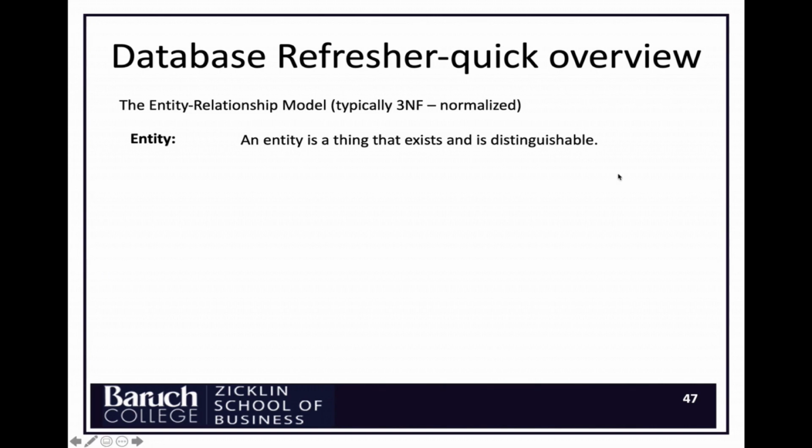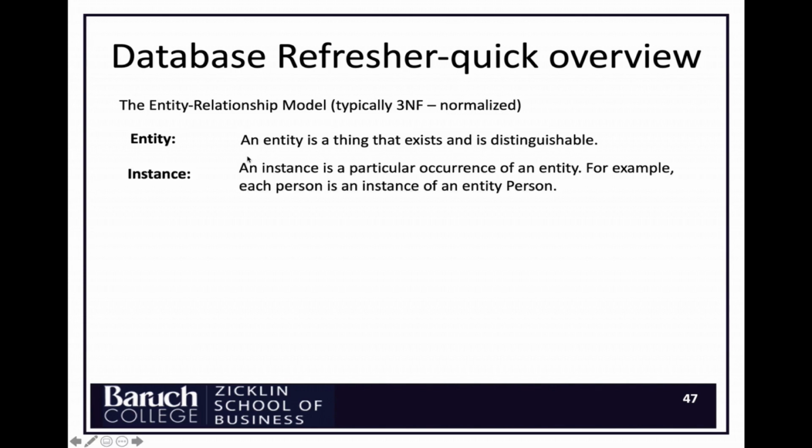Let's say we're talking about the Blackboard system at Baruch: we're talking about students, professors, maybe courses, course registration. These are entities we need to collect data from. And an instance would be a record of that entity. So each one of you as a student of this class and university could be an instance of the student table.